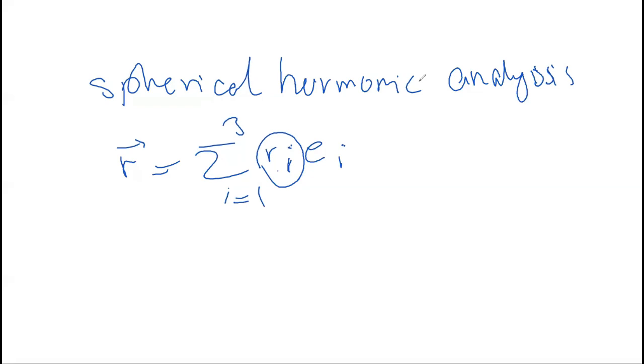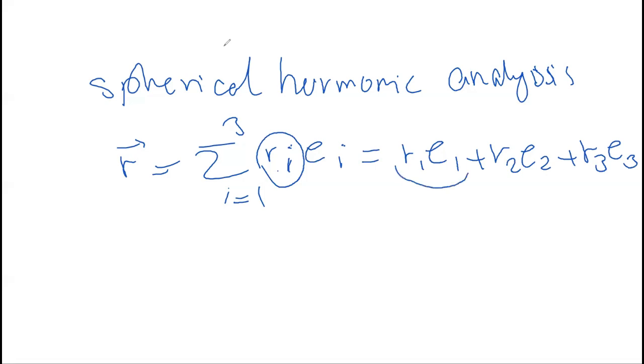So how do we do that? For example, let me expand this completely. I write it R1 E1 plus R2 E2 plus R3 E3. So now I want to determine, for example, Ri.